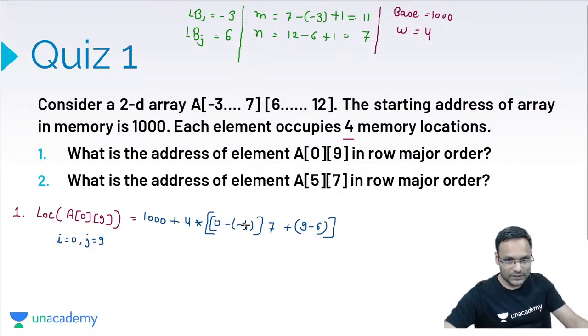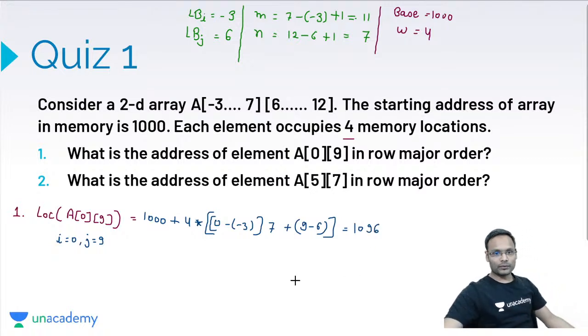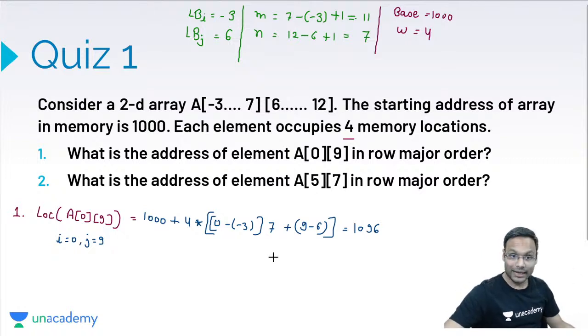This is 0 plus 3, 3 into 7, 21 plus 3, 24 into 4, 96 plus 1000, 1096 will be the first question's answer.